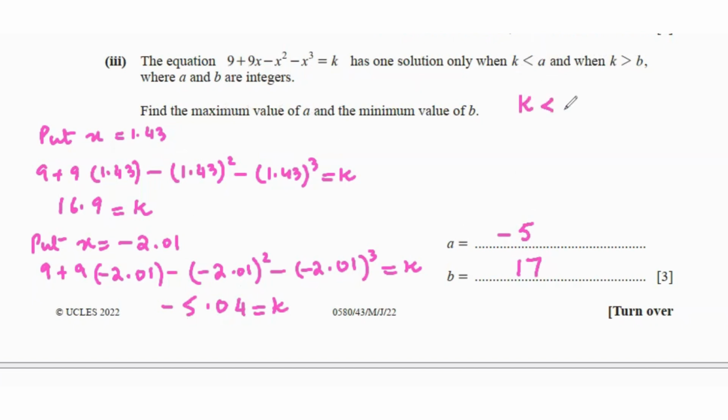If k is less than a and we have to find the maximum value of a, it's supposed to be negative 5 because negative 5 is greater than negative 5.04. And also the integers, very important thing. And for k greater than b, if k is 16.9, that means b would be 17. That's the minimum value. Obviously, it can be 18, 19, 20, anything, but we need the minimum value. So that's why it's -5 and 17.